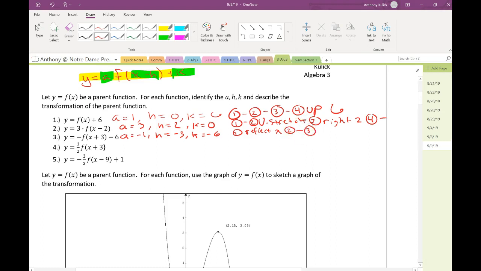Does 3 do anything? Yes. 3 is concerned with the value of h. Since h is negative, we're going to go left. And since the value of h is 3, it'll be left 3 units. 4 is concerned with k. Does 4 do anything? Yes, since k is negative 6, it's going to go down 6. So the negative tells me the direction, and then the value tells me how much.